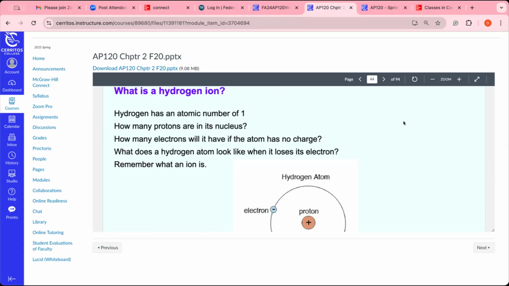Okay, that's a 0 charge, but let me show you something. Neutral means that it's not charged. That's true, but that's not the question that I'm asking you.